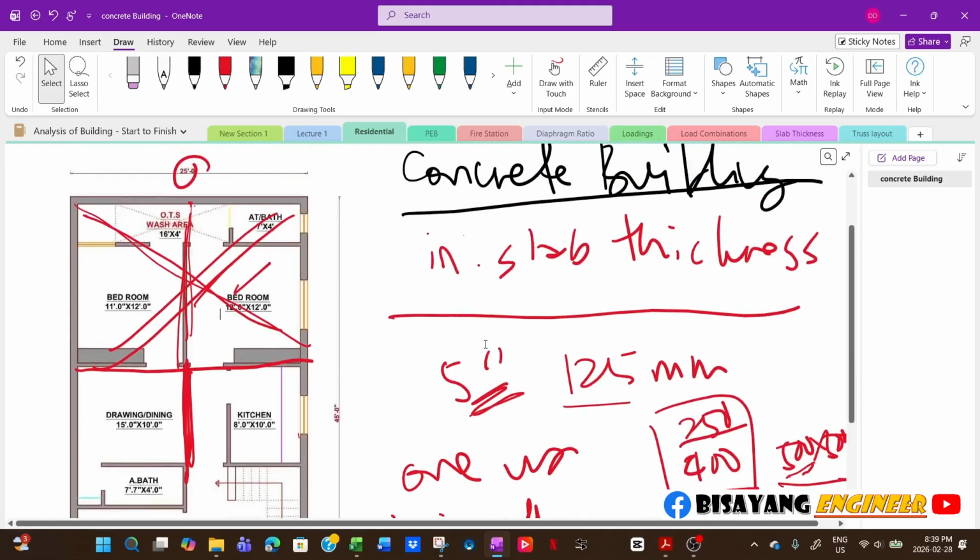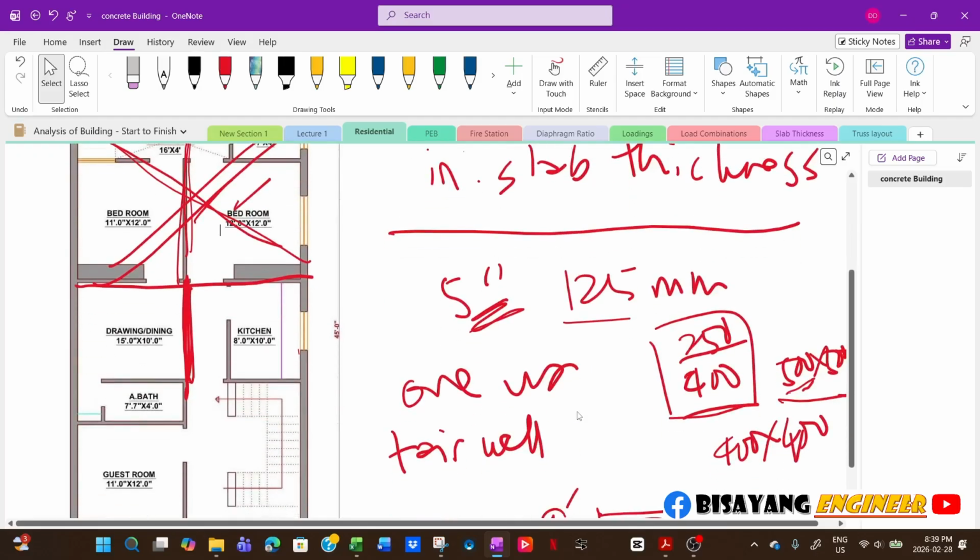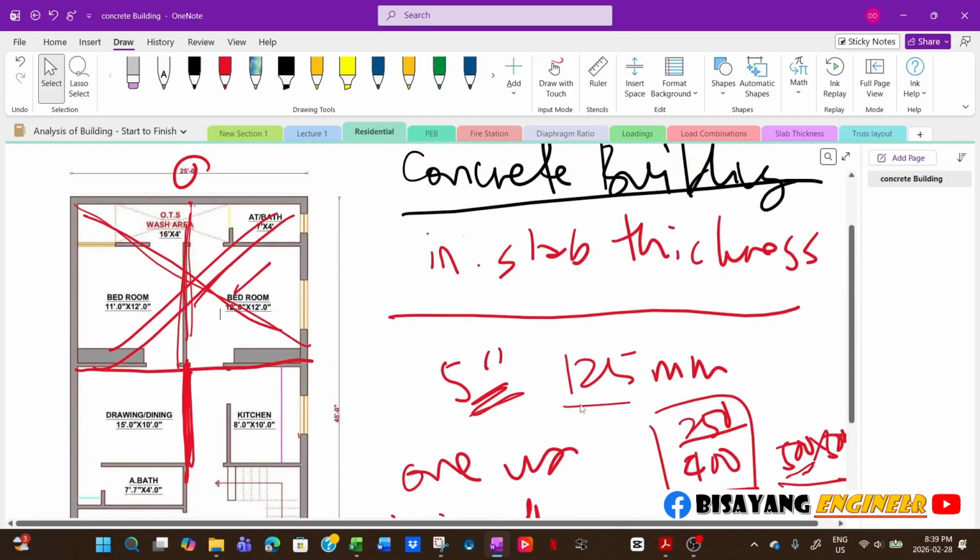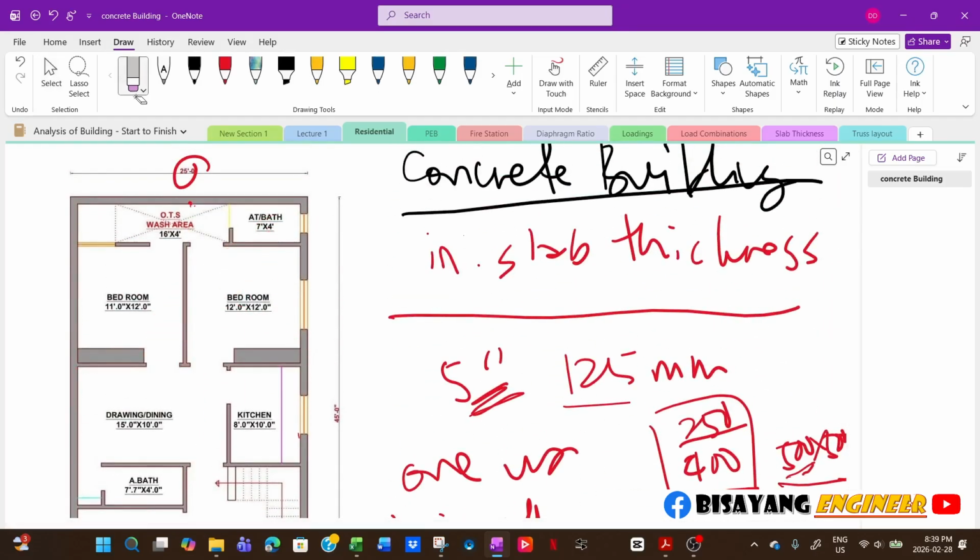Or if you are open, for example, to some kind of open web, open web is still a joist, but because we don't have any manufacturer for open web steel joist, we can do some kind of built-up.